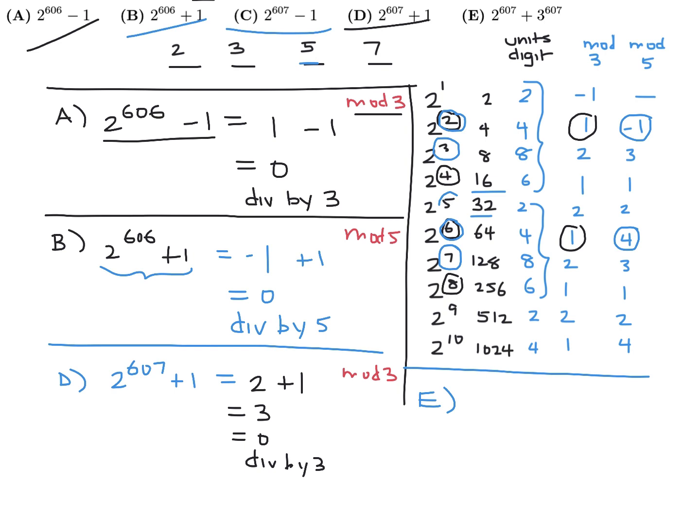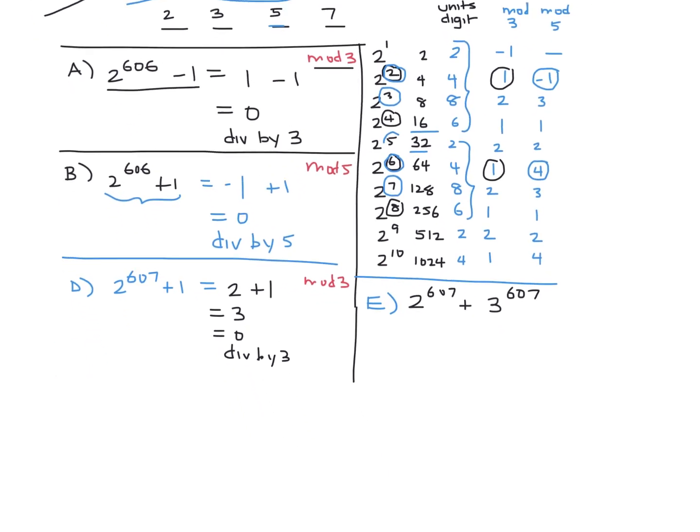And then E, that's the last one, 2 to the 607 plus 3 to the 607. Oh boy, I didn't anticipate a 3 here. Okay, we didn't do 3s, but that's okay. We can do it pretty quickly. So we've got to figure out a 3's pattern here.